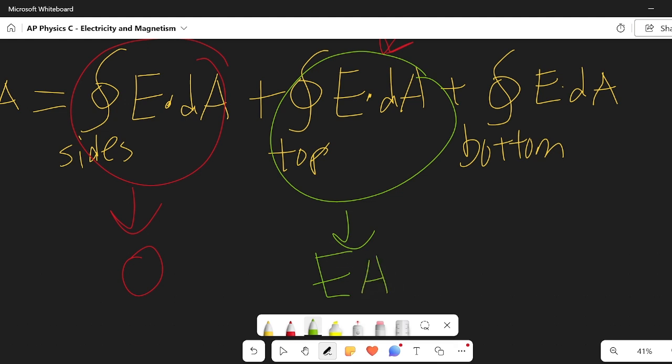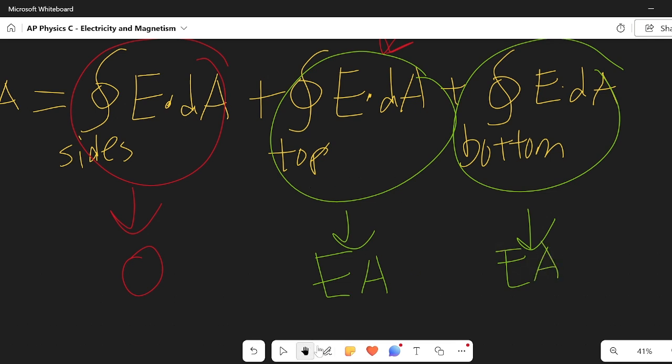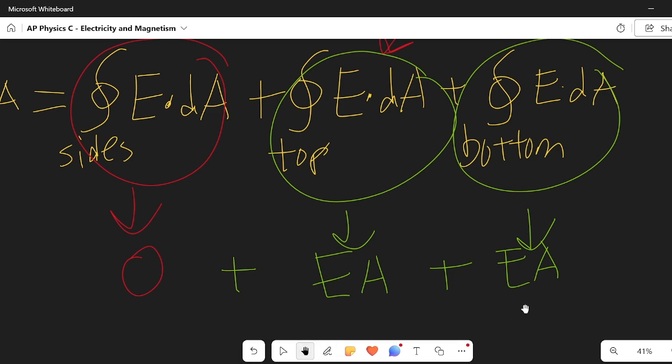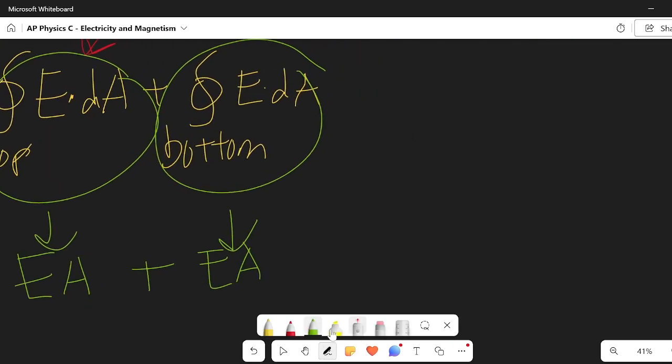And same thing with the bottom. The bottom and top are symmetric. It's the same thing, E times A. So if we add up all of these expressions together, we get that this is equal to 2EA.